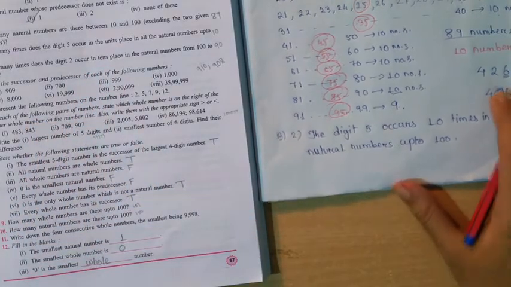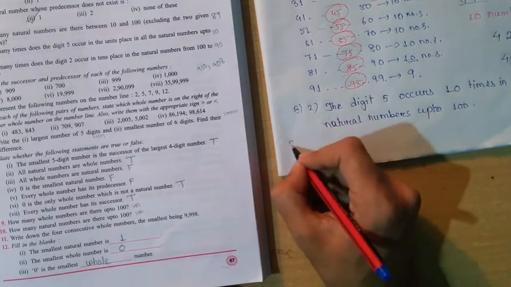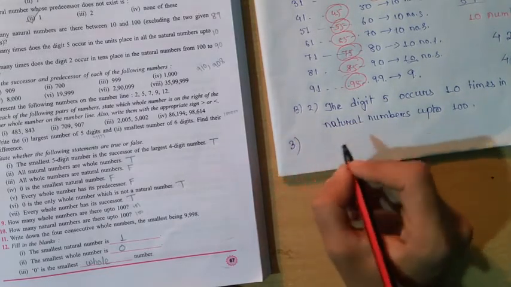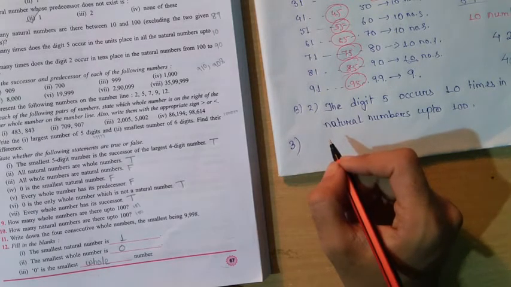All right, we can find it this way. You can just write it down this way. Number 3. We have to start from 100, right?